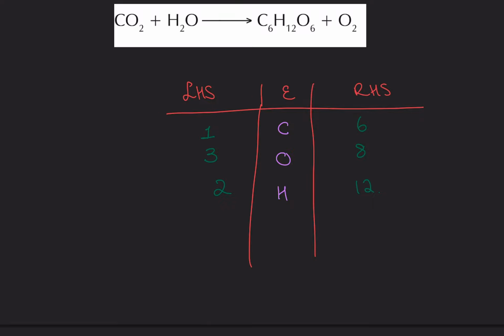To get my right-hand side equal to my left-hand side, I'll need to multiply this side by 6. Okay, so if I do that, go up to my carbon up here, and I'll put a 6 here. What does that change? That will change this number to 6 carbons over here.